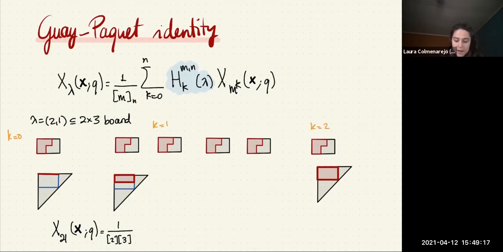And what I have to do is, 0 means that none of them are inside lambda. Here, only one of them has to be inside the lambda, and here both of them have to be inside lambda. So for instance, if I don't want any of them to be inside lambda, then I only have one possible way of putting them. I have to put 1 here and 1 here.